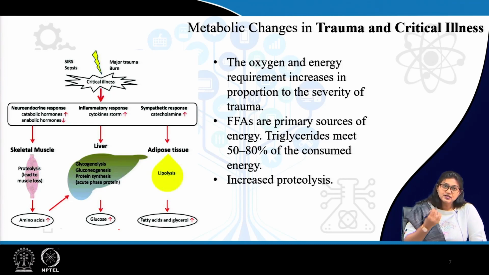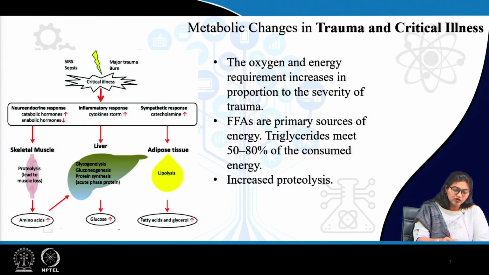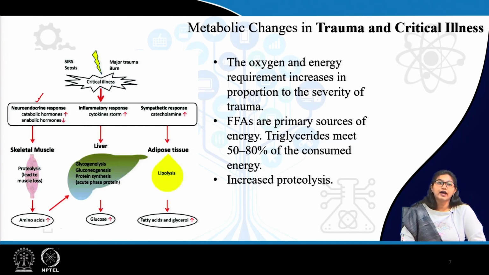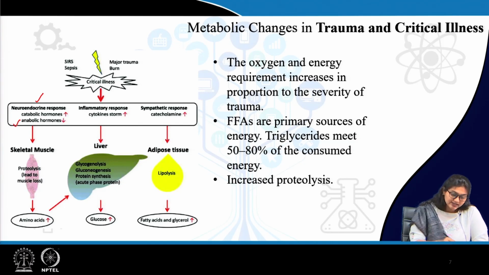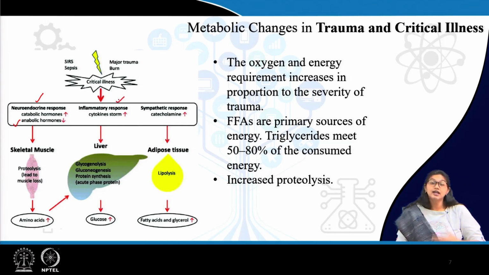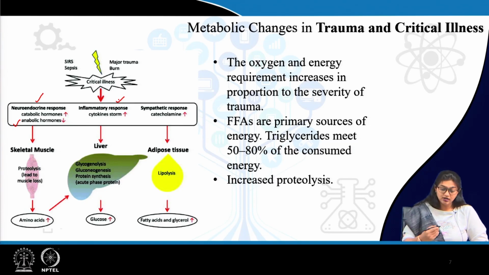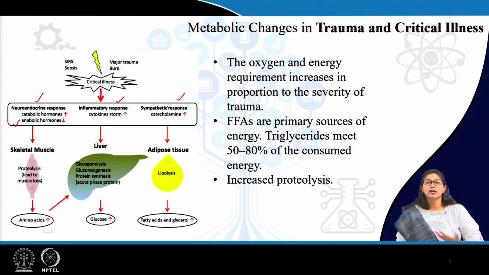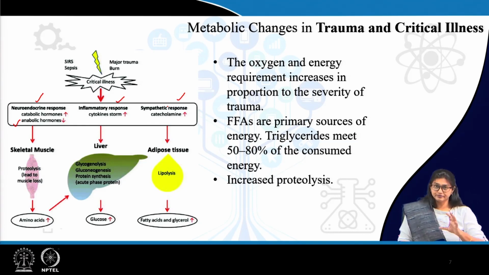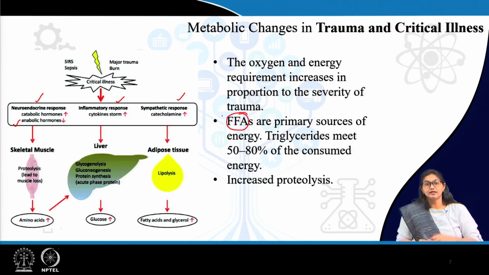So, there is major trauma causing excess release of catabolic hormone, it also decreases the anabolic signal, and releases inflammatory cytokines, also catecholamine, sympathomimetic response, they are all causing the metabolic disorganization.